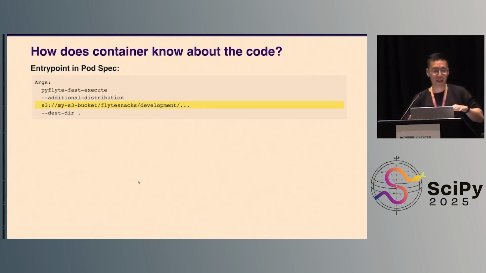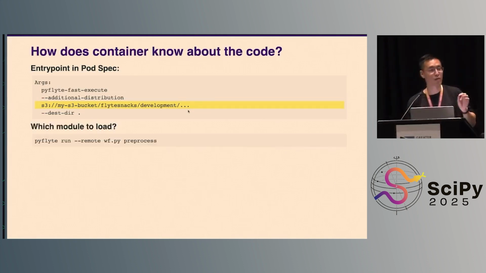These files are compressed into a tarball on object store, and in the entry point of your Kubernetes container, you specify where these things are, and it will download them before your user code runs. It downloads this tarball, unzips it, and then runs your user code.